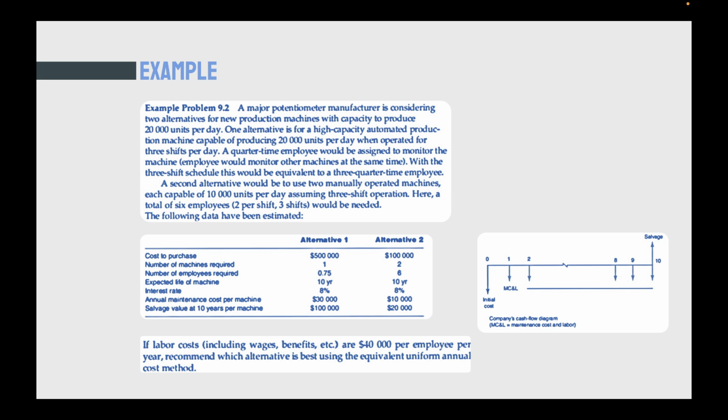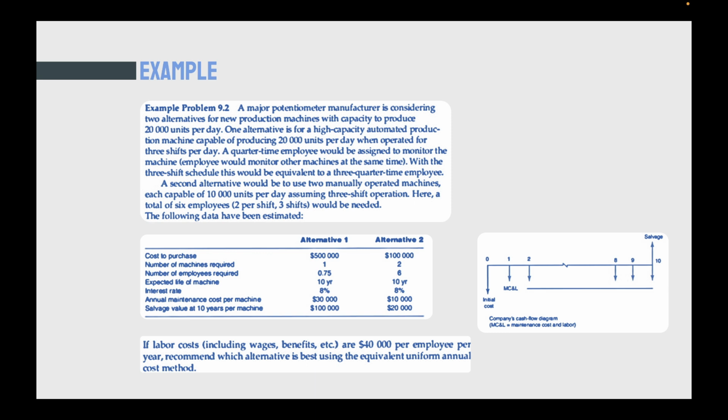There's a company making potentiometers, like the knob that you use to increase and decrease the volume in your vehicle. There is a potentiometer, an electronic component, behind it that will increase and decrease the capacity, so the circuit will understand that you want to change the volume. They have two alternatives for a new production machine with a capacity to produce 20,000 units per day.